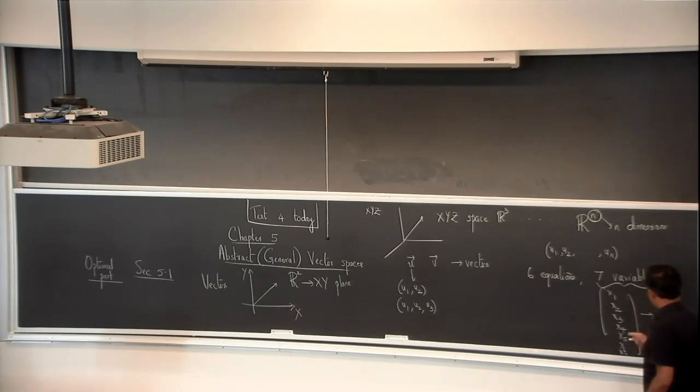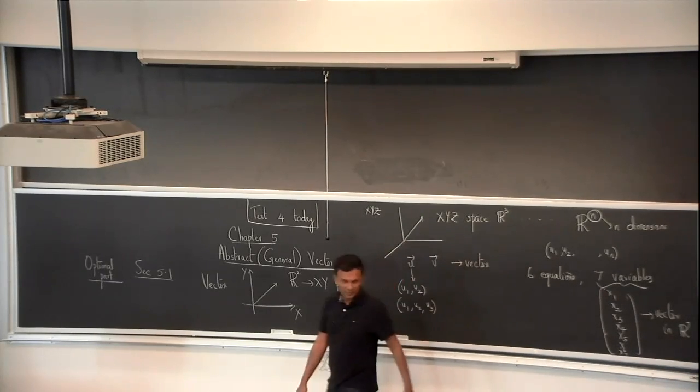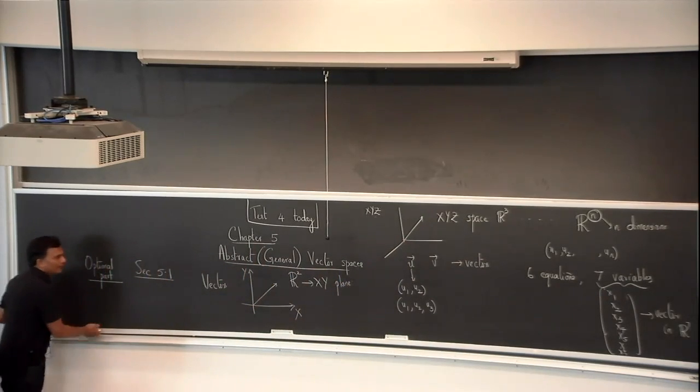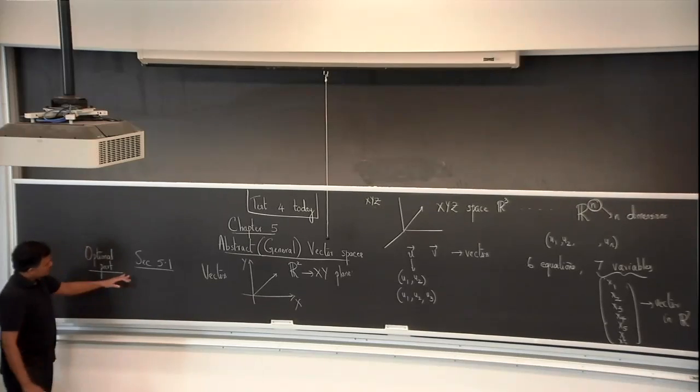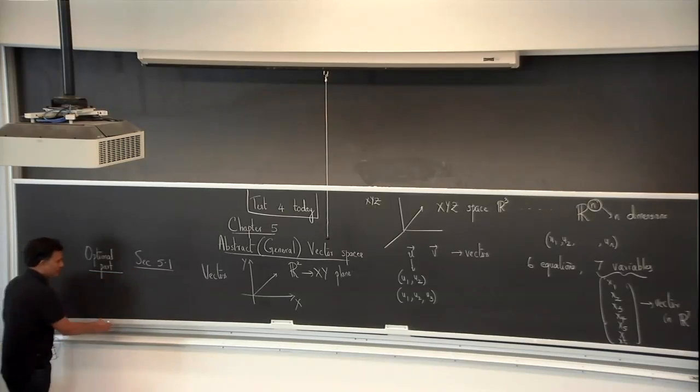And nobody really bothers about drawing that thing. That's not possible. So there is no clear geometric picture that you can imagine for a situation like this, but it's actually a vector because it has got some kind of a position in the 7-dimensional, whatever that is. So that is what section 5.1 defines. It defines a vector in an n-dimensional context. So it's got n components.